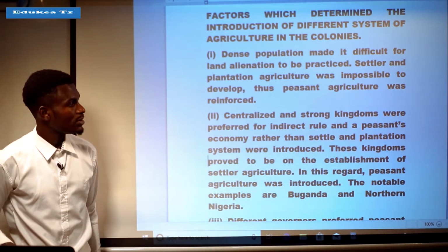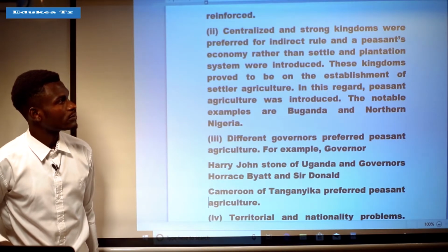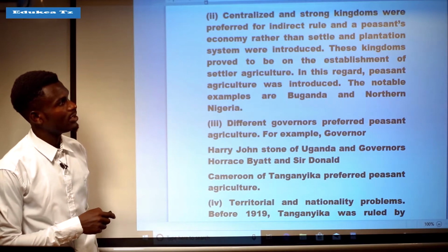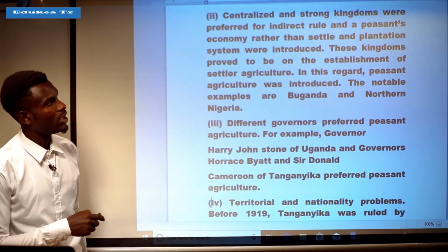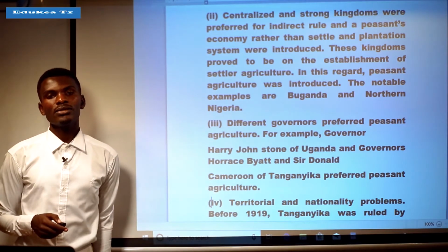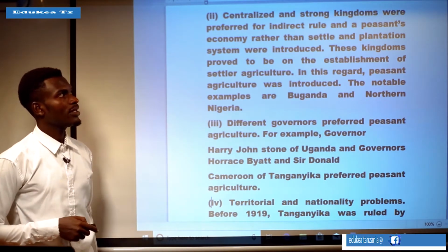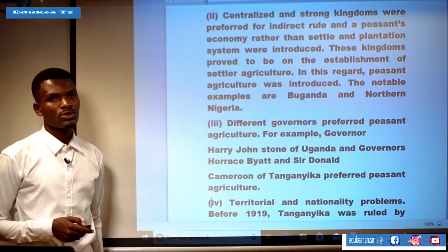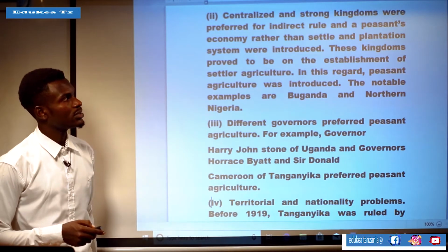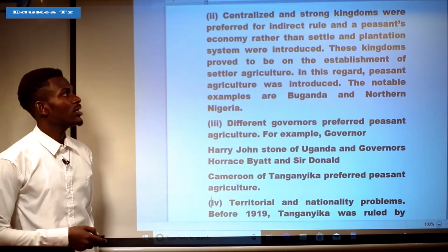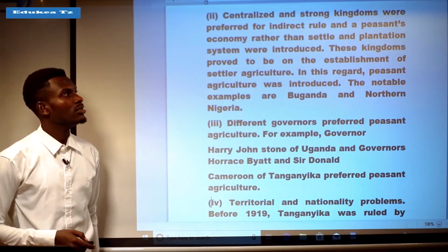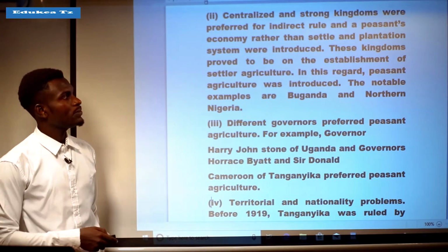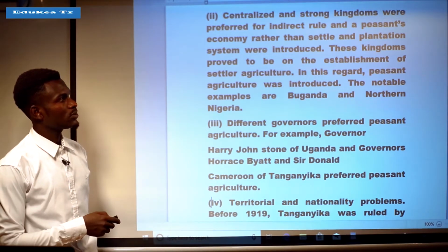Another was that centralized and strong kingdoms were preferred for indirect rule, and a peasant economy rather than settler and plantation systems was introduced. These kingdoms proved resistant to the establishment of settler agriculture.